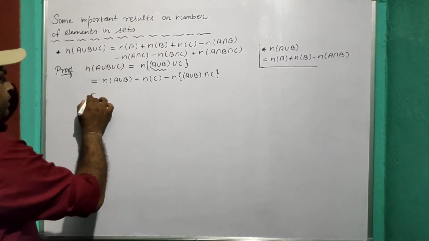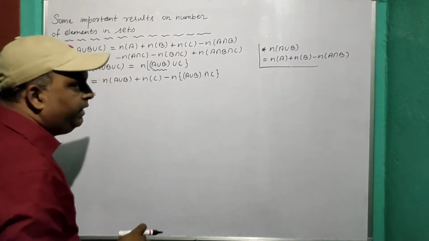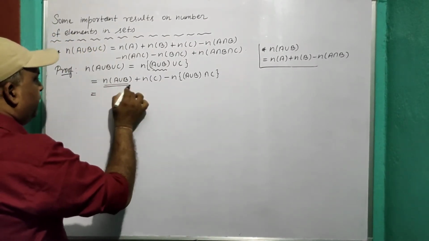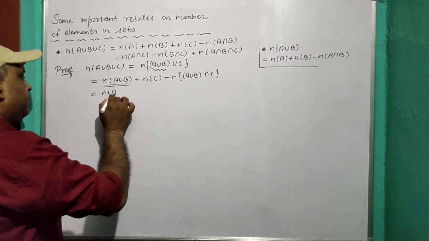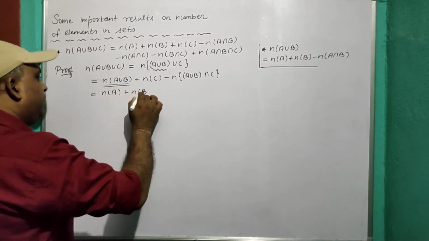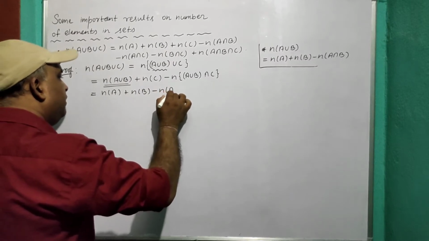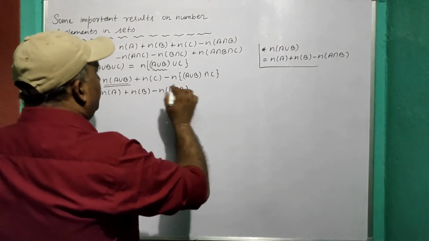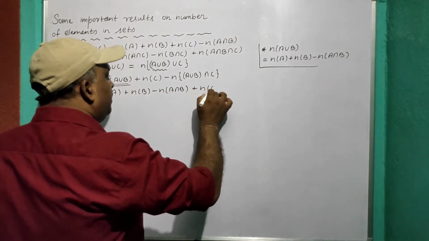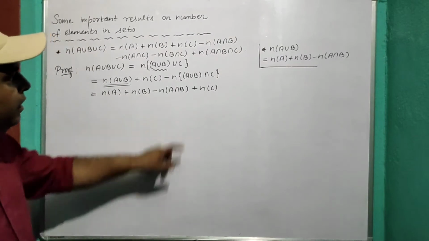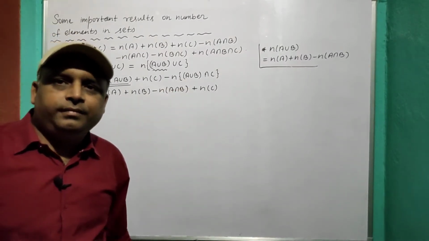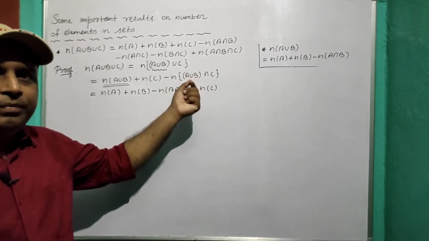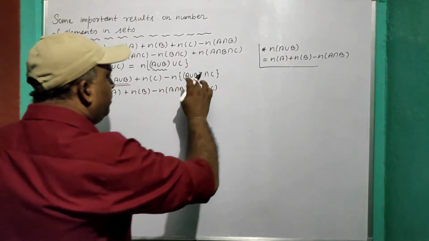So this I have expanded using the formula which we had proved just now. फिर से देखो यहाँ पर, again you are getting n(A union B) here. It means again you can expand it. So here now I am going to expand this one. So I will write n(A) plus n(B) minus n(A intersection B). ये हमने expand किया हुआ है. Plus n(C), ये आप as it is लिखोगे. Observe that this is your distributive law. और डिस्ट्रीब्यूटिव लॉ में क्या लिखोगे यहाँ पर?